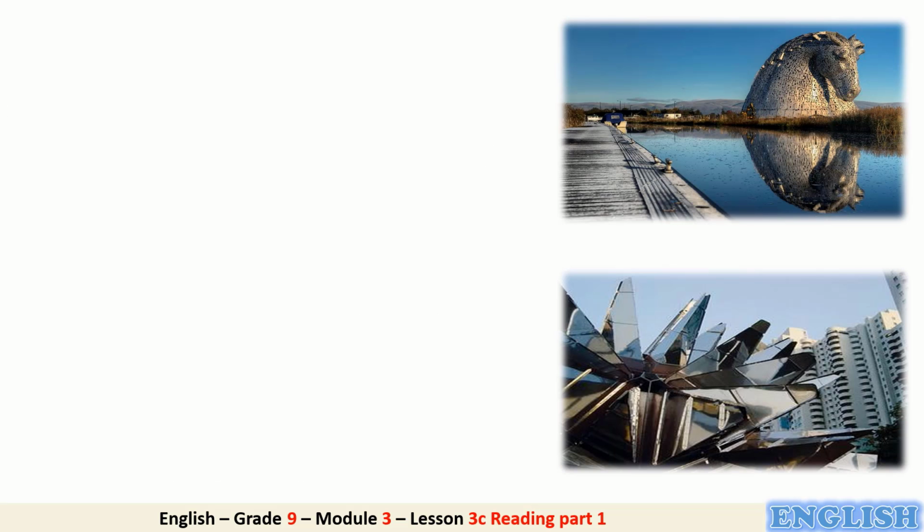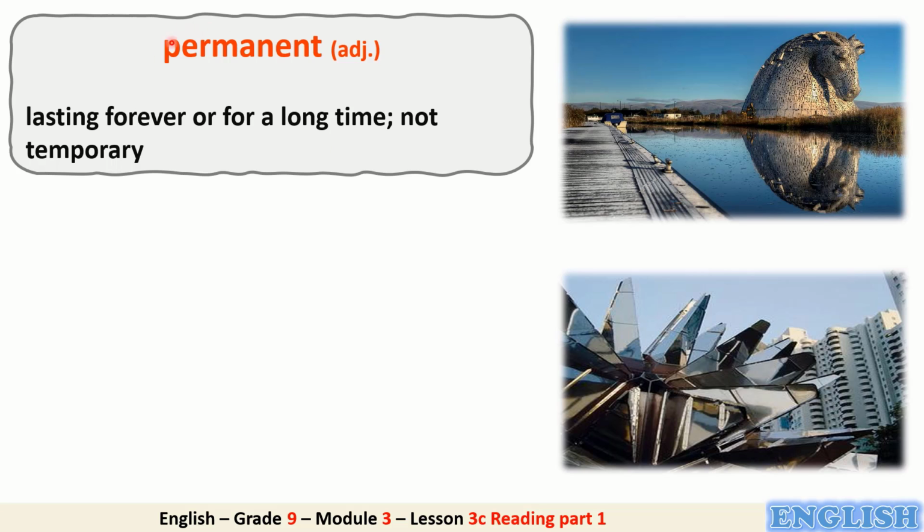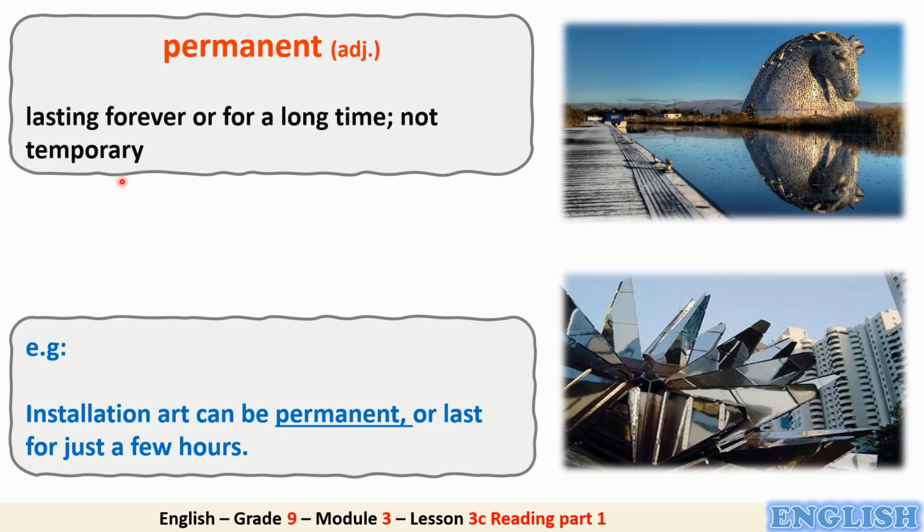The next word is permanent, and it is an adjective, which means lasting forever or for a long time, not temporary. Let's see the example. Installation art can be permanent or last for just a few hours.